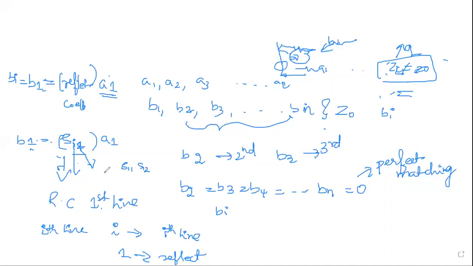So you can write the total contribution to the outward traveling wave of the ith line due to mismatch, given by B_i equals, starting from the first line, S_i1 A1, for source i, reflection from 1. Similarly, S_i2 A2, source is i, reflection is from 2.